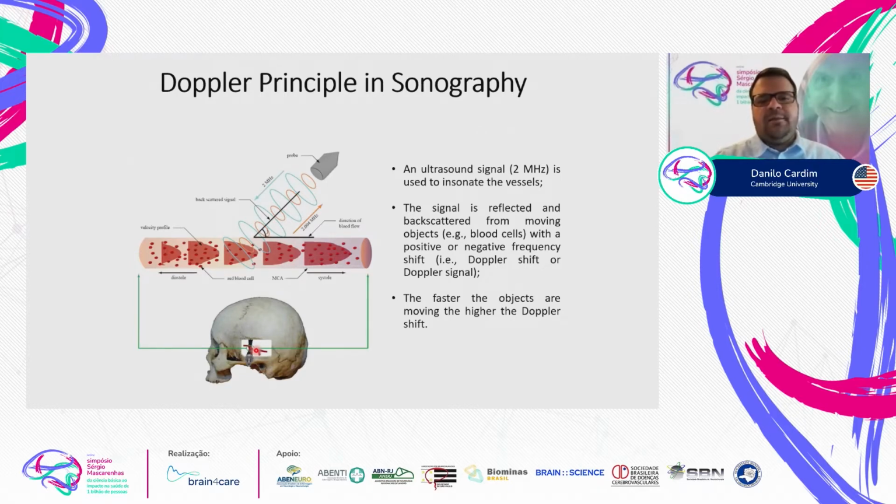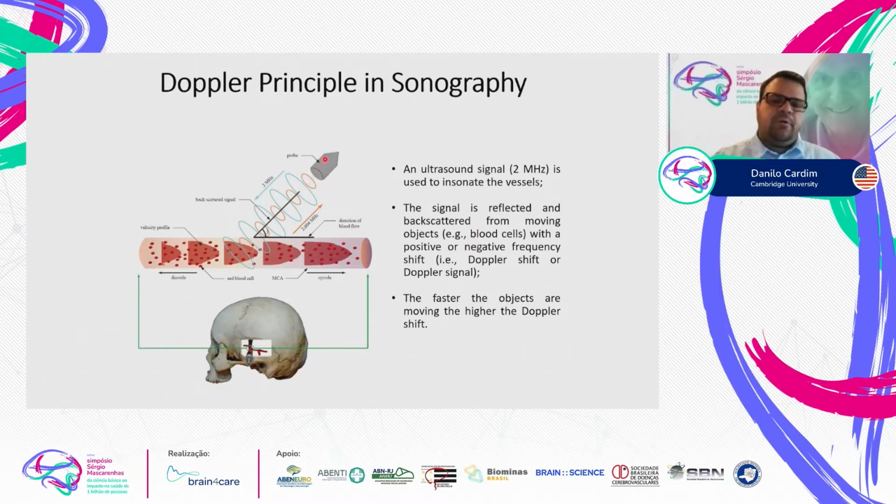with transcranial Doppler. We use ultrasound signals that are emitted by 2 megahertz ultrasound probes. The mechanism by which it works is that the signal is reflected when it reaches the vessel, by reaching the red blood cells, and then the signal is scattered back to the probe with a frequency shift.